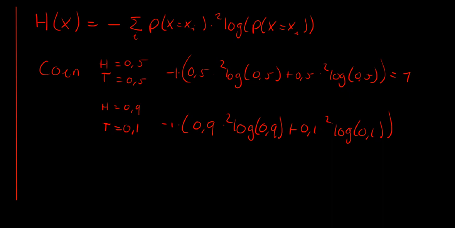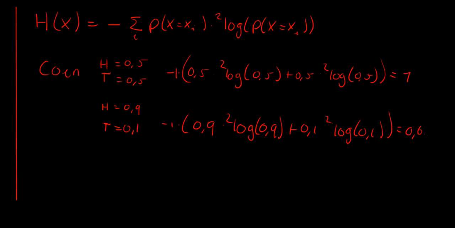This will be way lower. I don't have the exact number calculated, but it will be lower than 1. Well, actually, it's something like 0.6 or something, because we are fairly certain that heads will happen instead of tails.